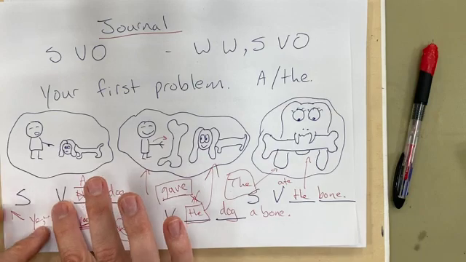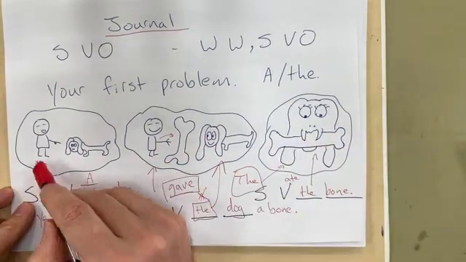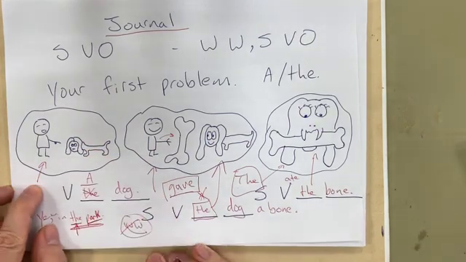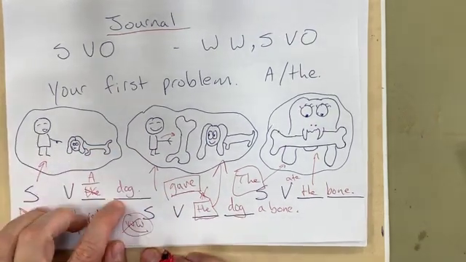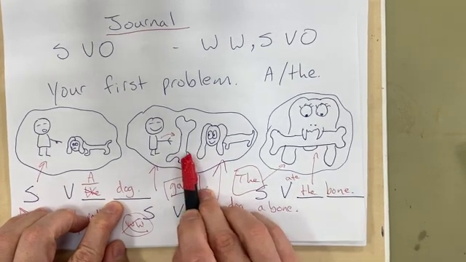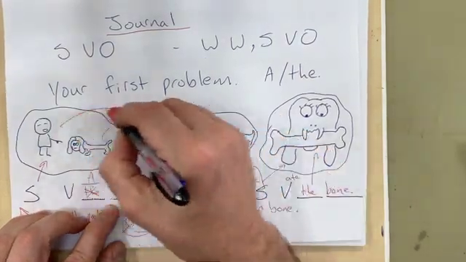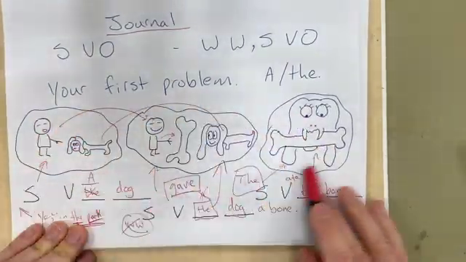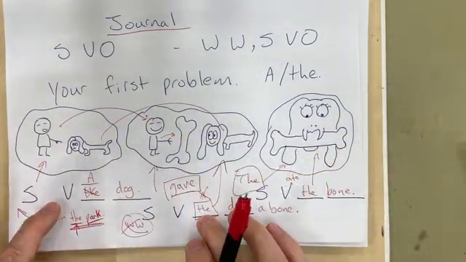But here we know because I could just say, a man saw a dog. The man gave a bone to the dog, because we know the dog and we know the man, right? So that context, that story tells you whether it's a or the.